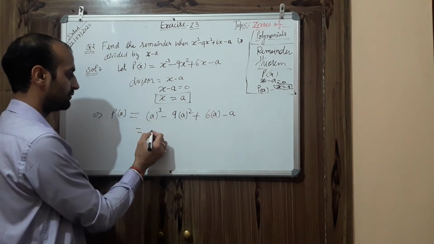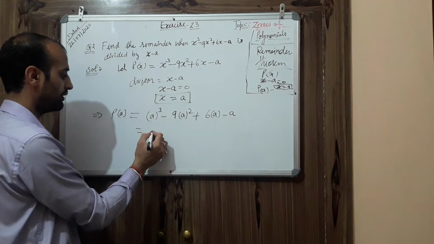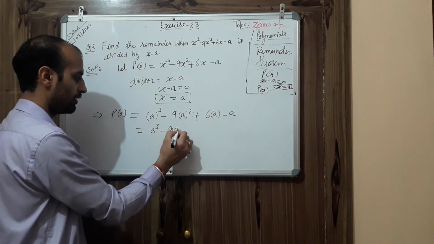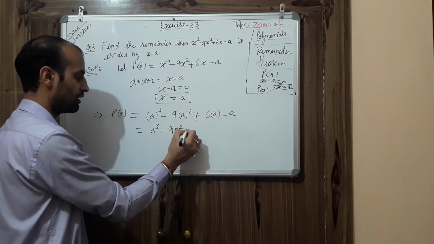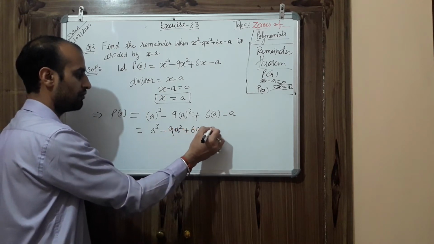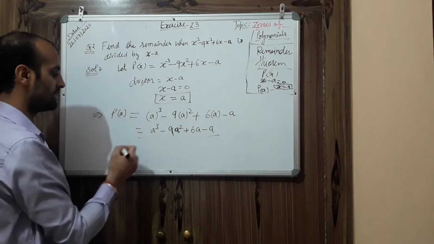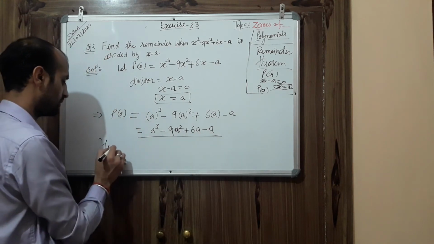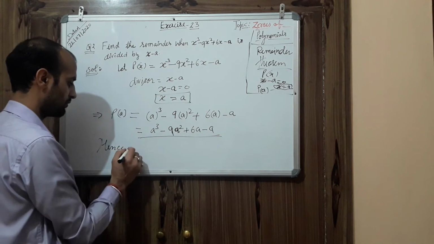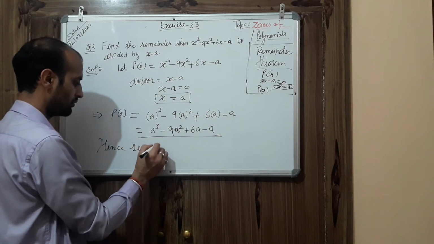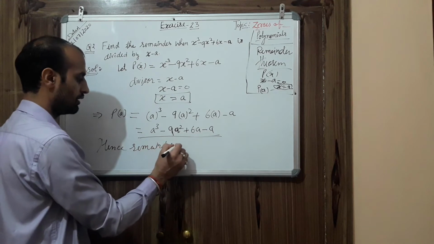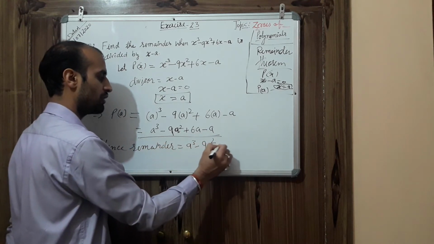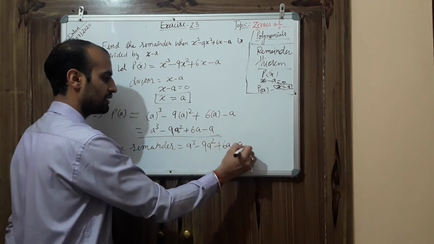So you will get from here a cube minus 9 of a square plus 6a minus a. This is your remainder. Hence, the remainder is equal to a raised to power 3 minus 9a raised to power 2 plus 6a minus a.